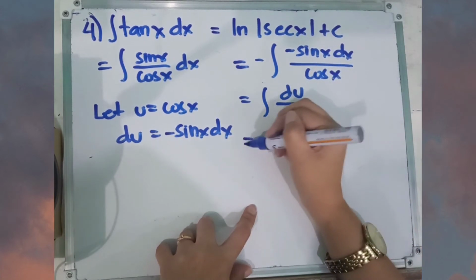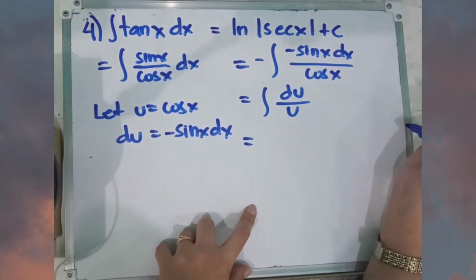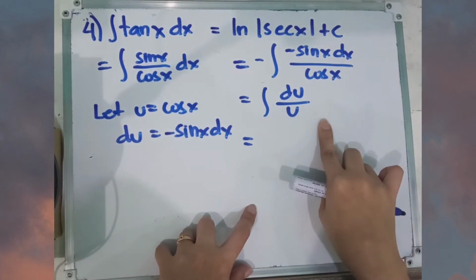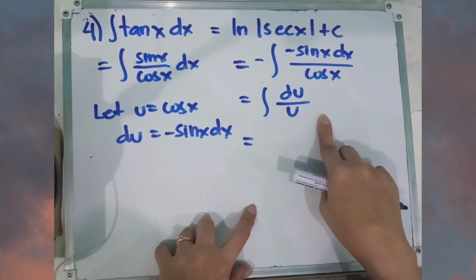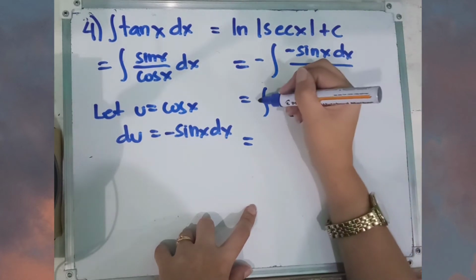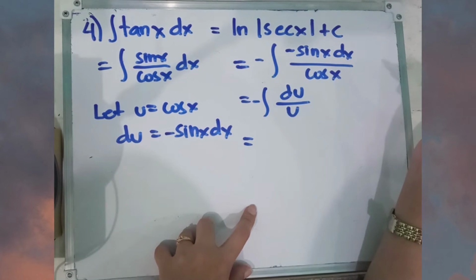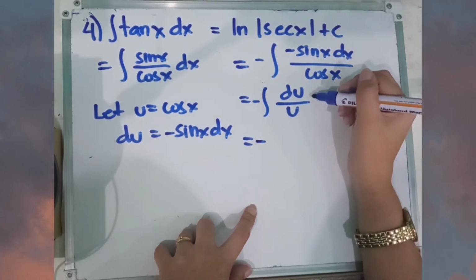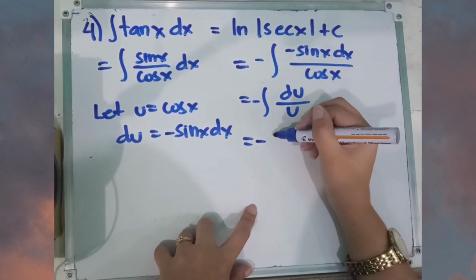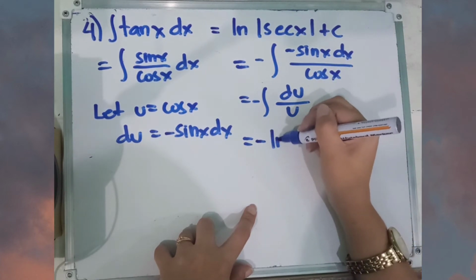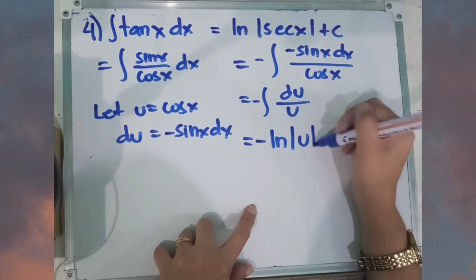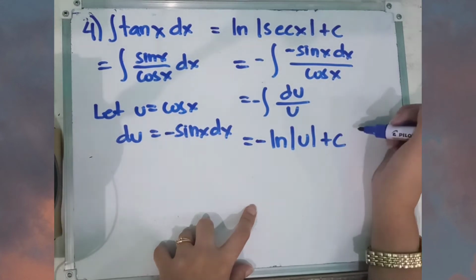Now last time I already discussed the rules for natural logarithm. So this one, the integral of du over u, I'm sorry, we need to put the negative symbol here. So going back, the integral of du over u is simply the natural logarithm of the absolute value of u plus c. Okay?